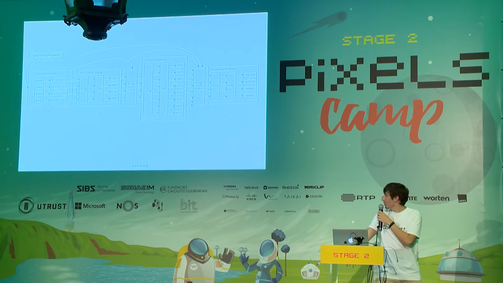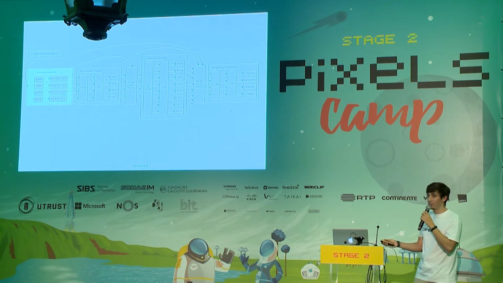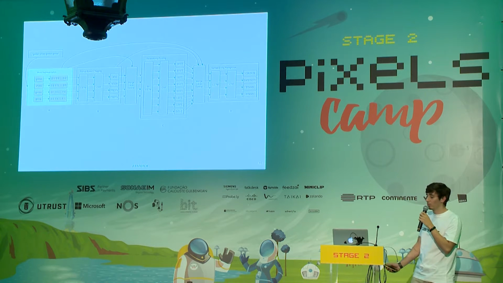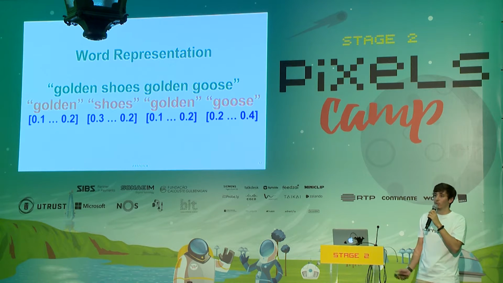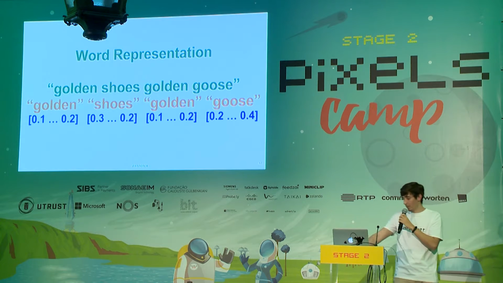Okay? So how do we end up performing this? So let's go step by step and try to sort it out. So the first model is basically word representation. So in word representation, what you are trying to do is find a way to divide your string into smaller units of meaning, and for each one of those units of meaning, give it a numerical representation.